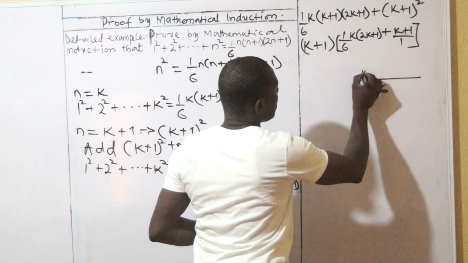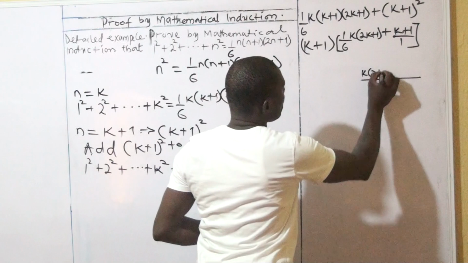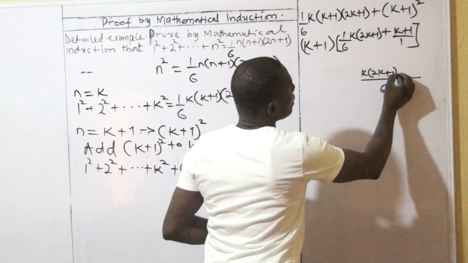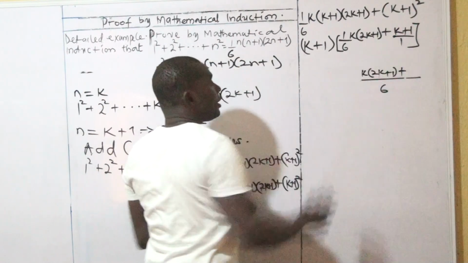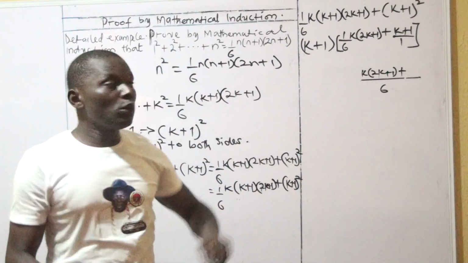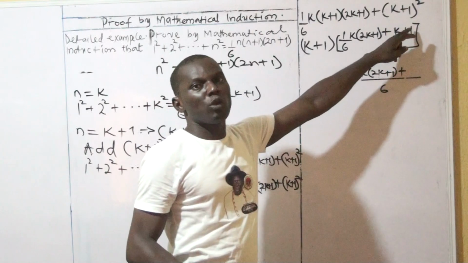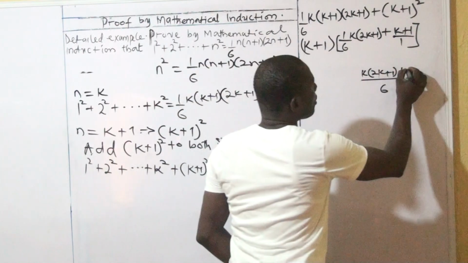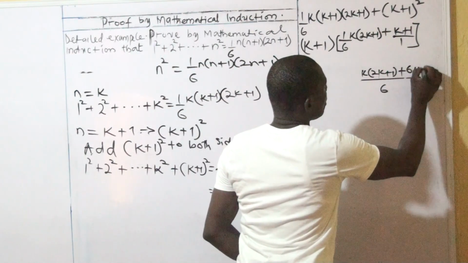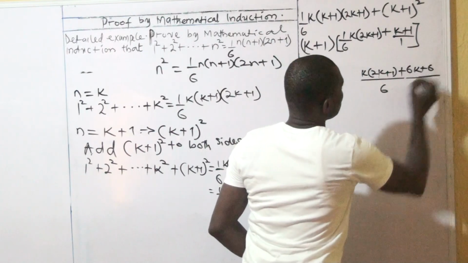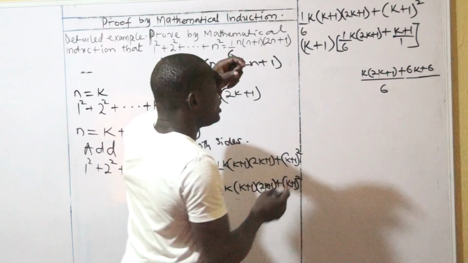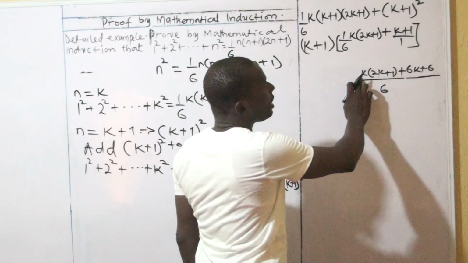So the term here will be k open bracket 2k plus 1, plus 6 divided by 1 is 6. So 6 will multiply k, and it will also multiply plus 1. That becomes 6k plus 6. Then we need to open this bracket.